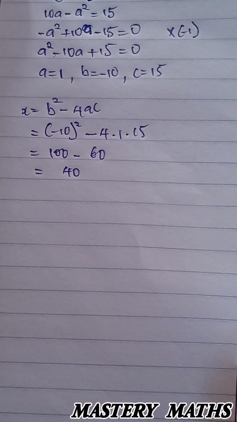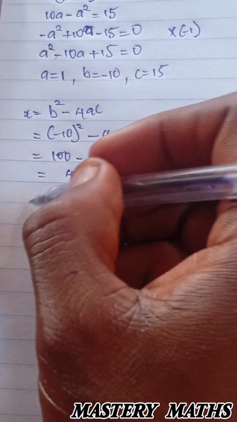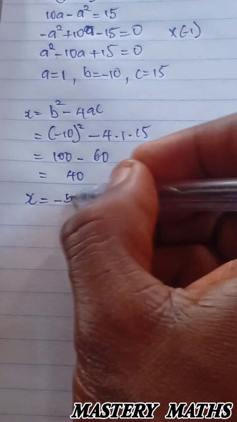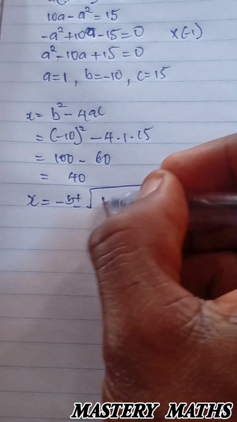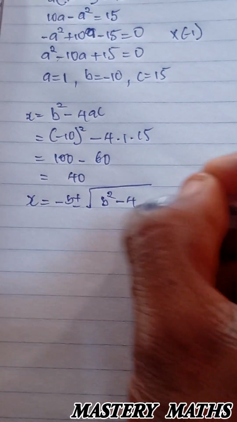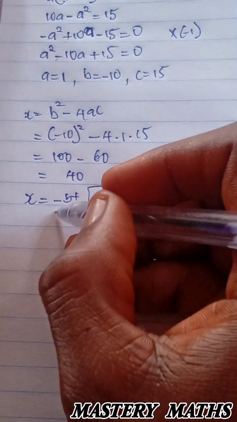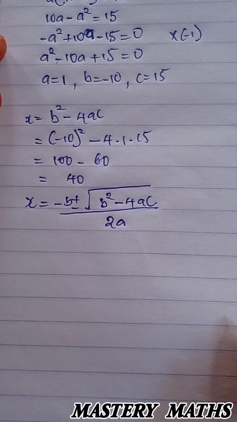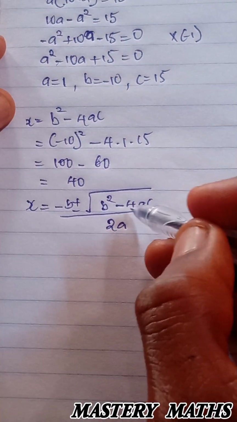Then after that, let's plug in the formula. It becomes x is equal to minus b plus or minus the square root of b squared minus 4ac, then all over 2a. Remember we solved for the part inside the root first.